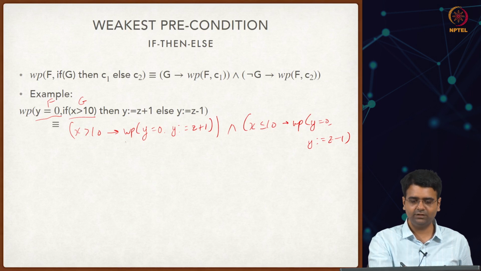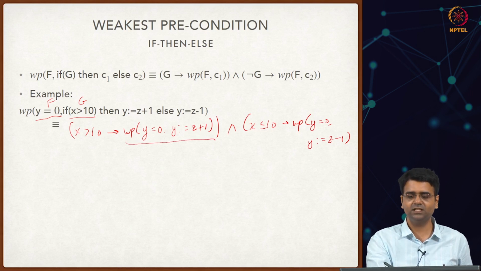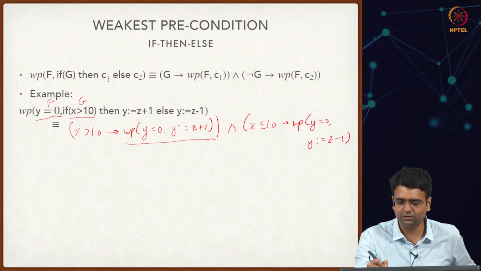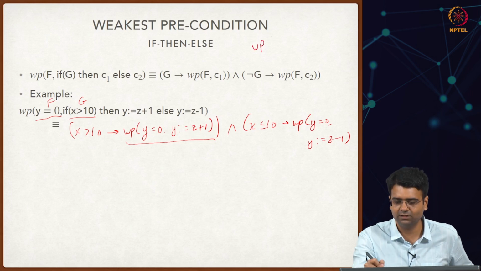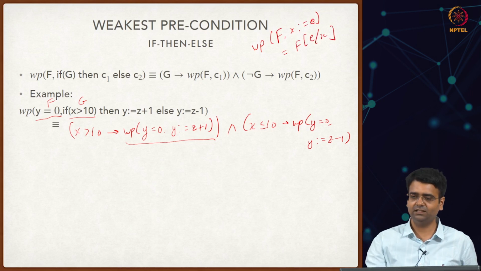Now I can further simplify this. What is the weakest precondition of y equal to 0 and y := z + 1? This is something that we had covered earlier, the weakest precondition for the assignment statement. If you have formula F and an assignment statement x := e, then this weakest precondition is simply given by F where e replaces x. It's just simple syntactic substitution.